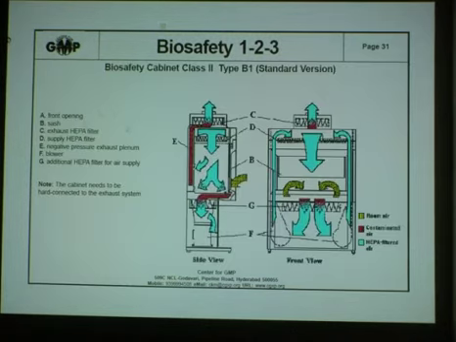Biosafety Cabinet Class 2 type B1 comes in two versions. One is the standard version, which has got a work surface, a HEPA filter below the work surface, so that as soon as the air is contaminated with the cultures, the HEPA filter filters it out and renders it clean. This cleaned air is taken up above the work surface to the plenum, where there is a supply HEPA filter and there is an exhaust HEPA filter.